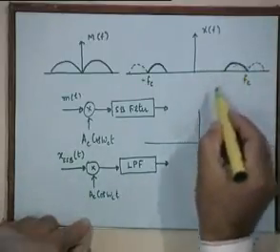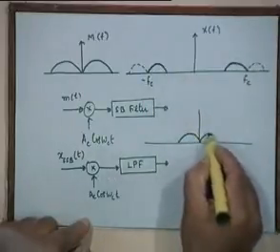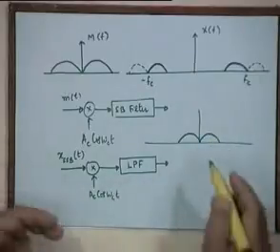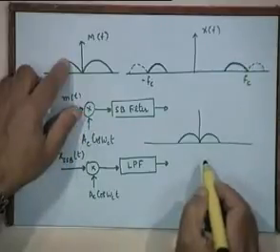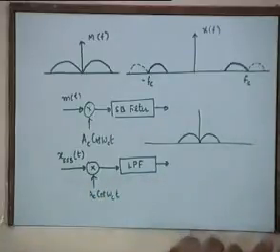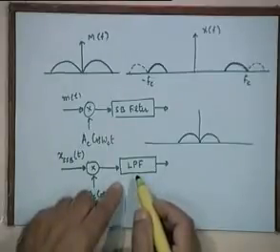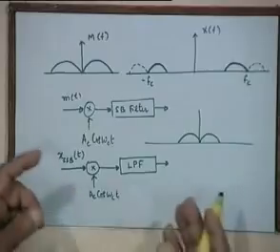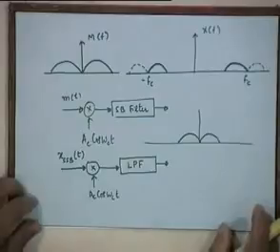This part of the spectrum will come here, and this part of the spectrum will go here, and because of the symmetry, it will be precisely the same M(f) that we started with, right. Of course, there will also be translation around 2f_c and minus 2f_c, but that will be eliminated by the low pass filter. So, the reconstruction process in the time domain as well as in the frequency domain follows the same principle that we had for the case of DSB-SC, the double sideband suppressed carrier modulation, right.